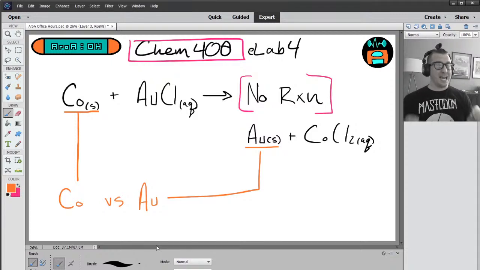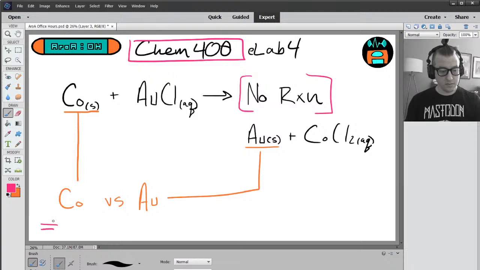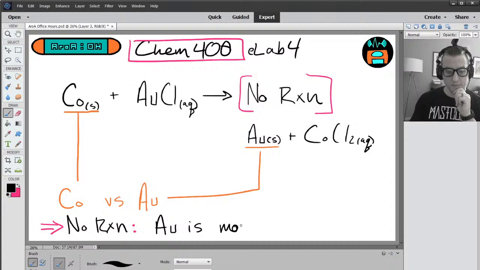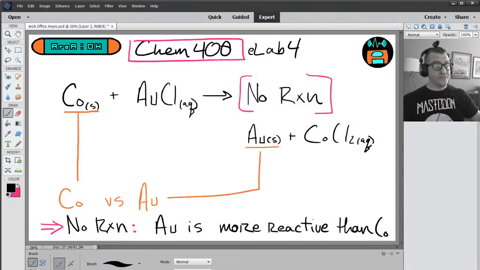Because there was no reaction, that tells you that gold is more reactive than cobalt. If there had been a reaction, then cobalt is more reactive than gold, but because there's no reaction, gold is more reactive than cobalt.